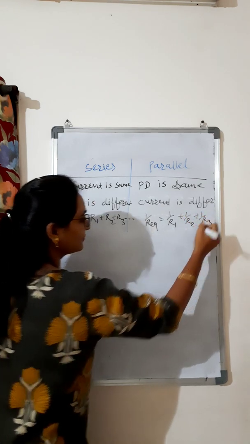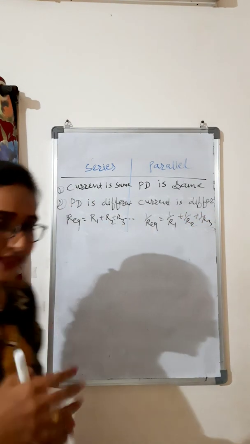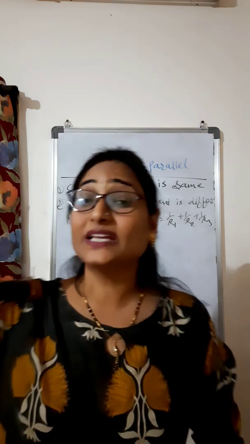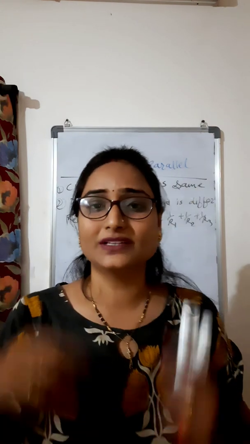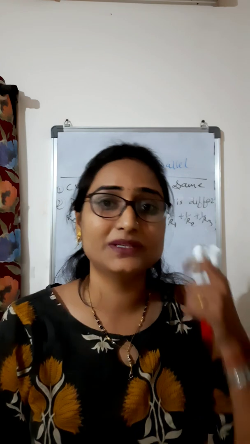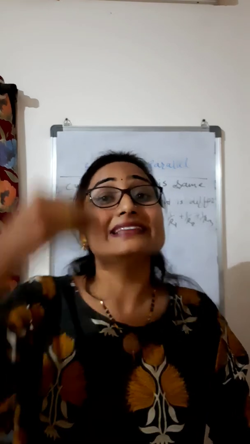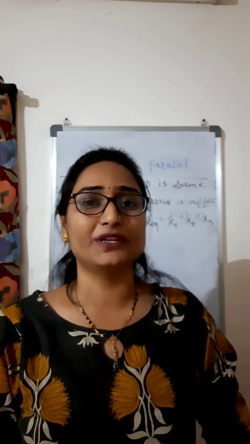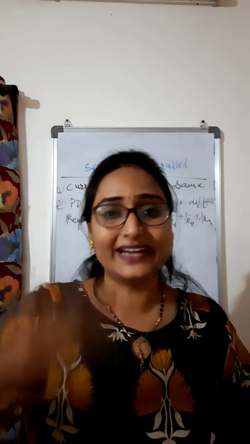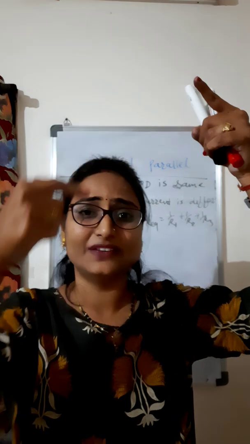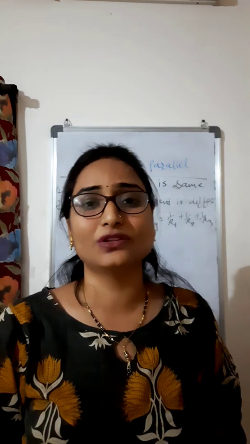One thing you should keep in mind: the lightings during Diwali or Christmas, when we decorate our house, are in series combination. If you see, there is one wire and different bulbs on that one wire.